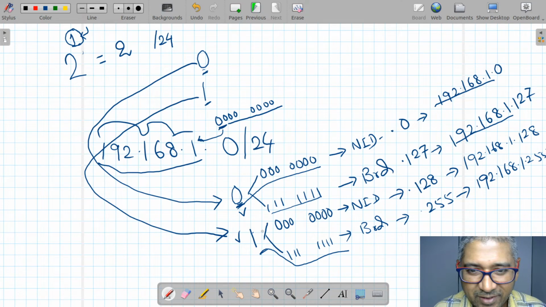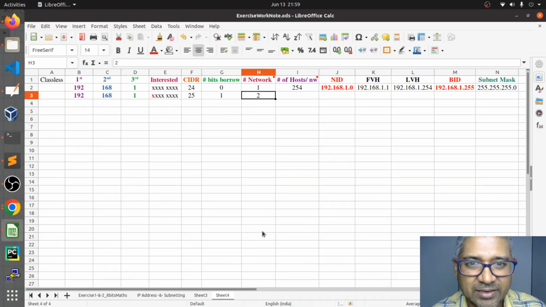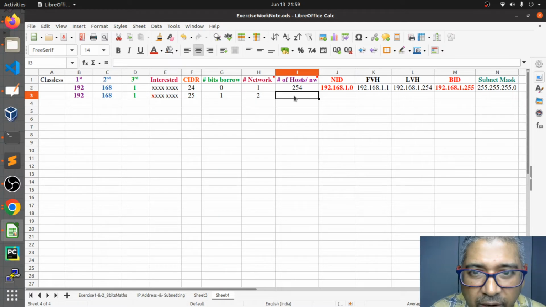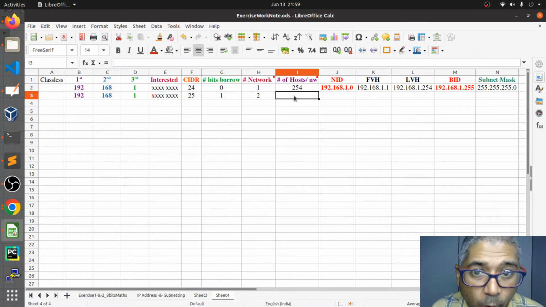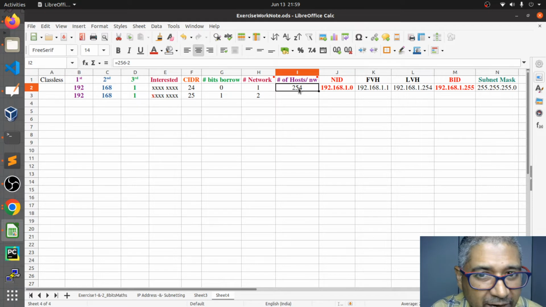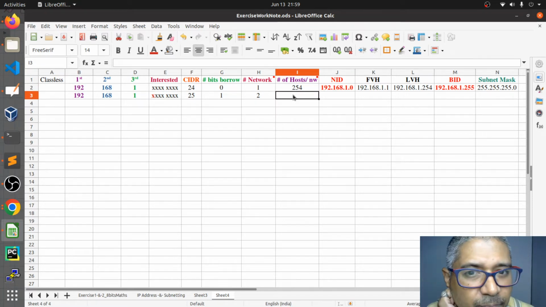Okay, excellent. So let's do this calculation. In one network, how do you calculate how many hosts? What I told you, the formula is 2 to the power of host bits. Earlier it was 2 to the power 8 because there were 8 bits. Here how many bits are left in the host? 7.